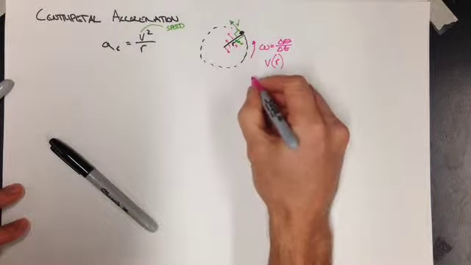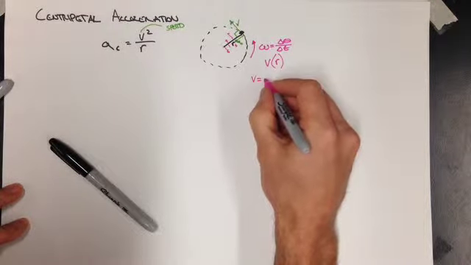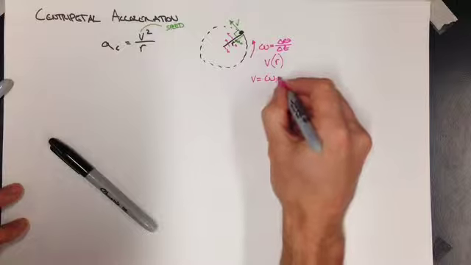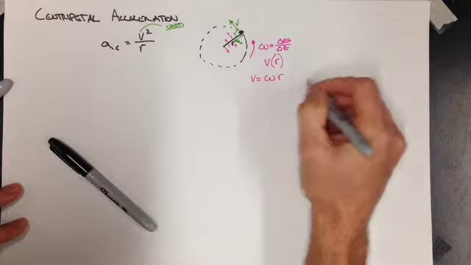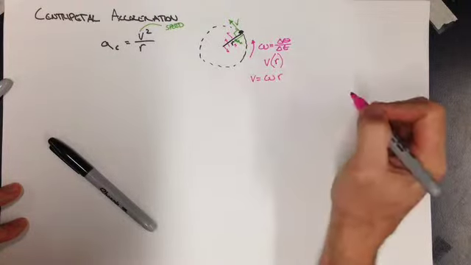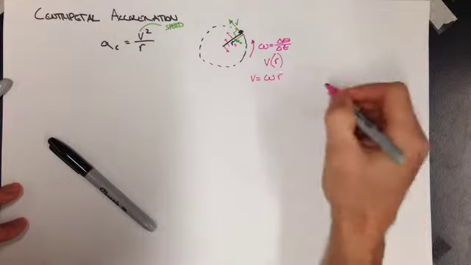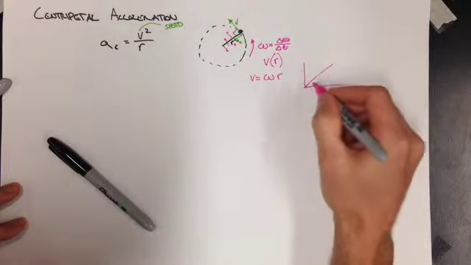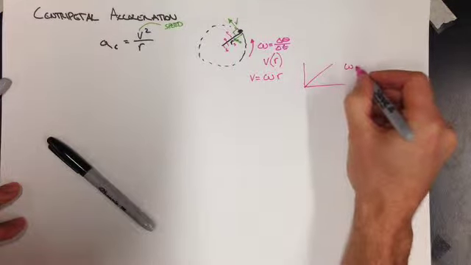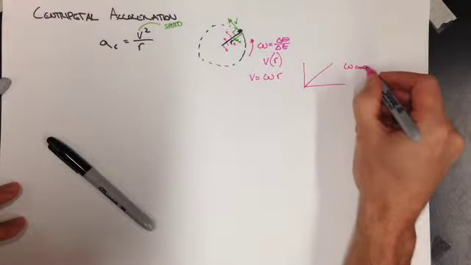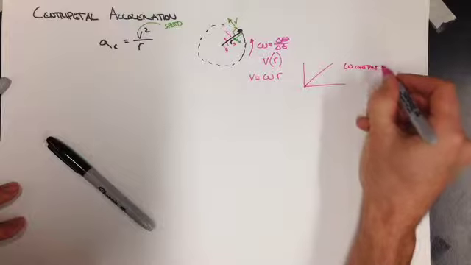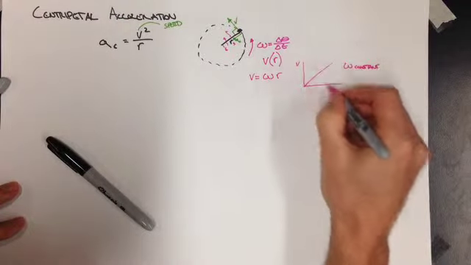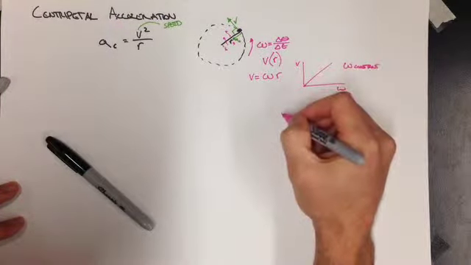So if we actually were to solve this, then it ends up being that the velocity is equal to omega r. That is to say, as the r goes up, the velocity goes up. So if I were to create a quick graph of this, and I held my omega constant, then I end up with a constant slope.